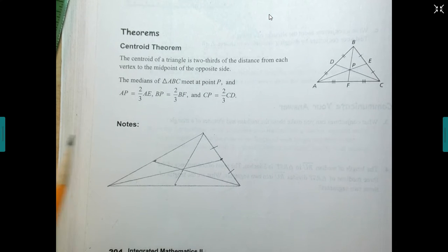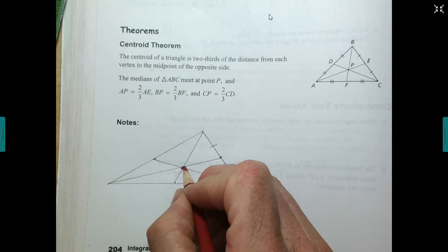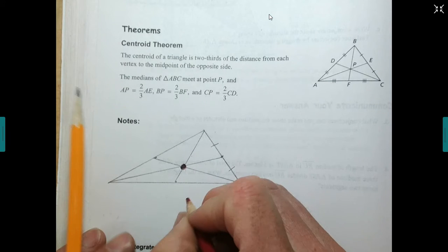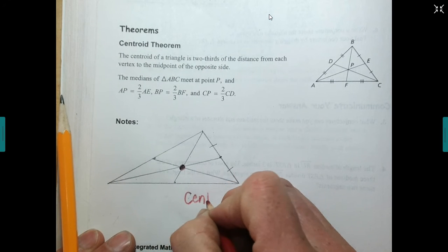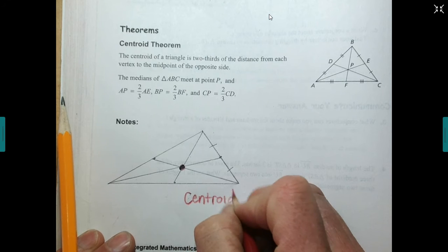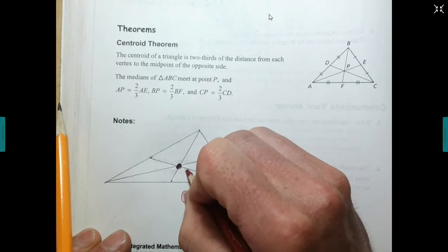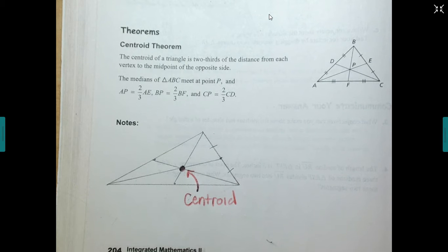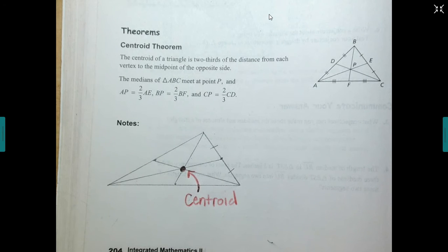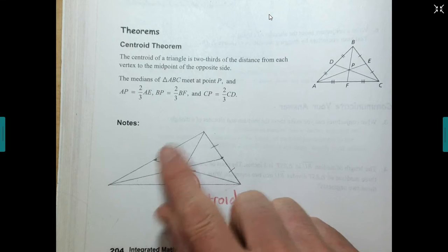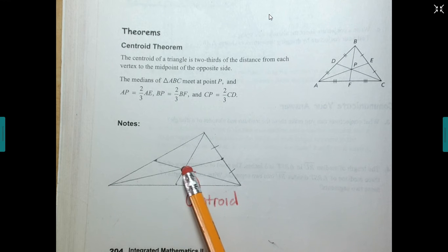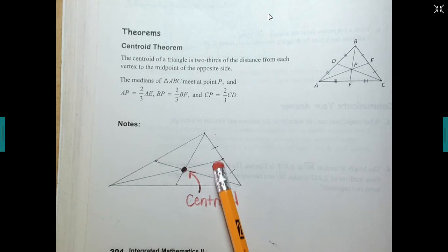And that meeting point, this meeting point right here, that is the centroid. And the centroid is actually interesting. That's the balance point of the triangle. So if I were to actually cut this triangle out, I could balance it on the centroid.